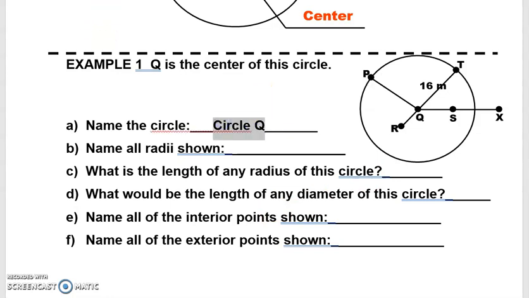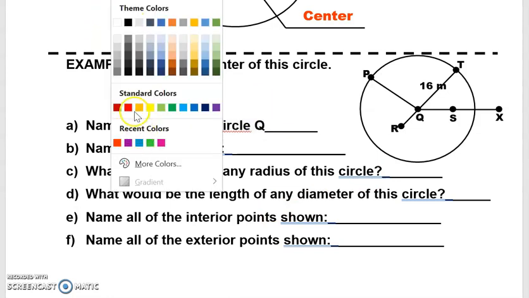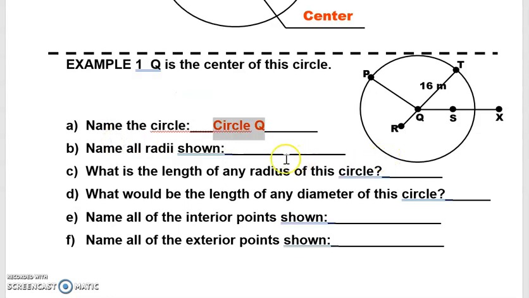Sorry, I like to do different colors so we can see what I'm talking about. Name all radii shown. So that's just plural radius. From the center to one end of the circle, we have segment QP, and I guess I'll just draw those. So QP, and you could write PQ, they're the same thing.